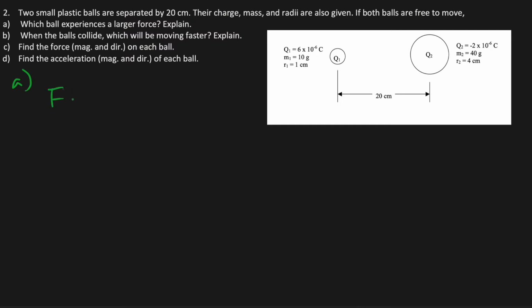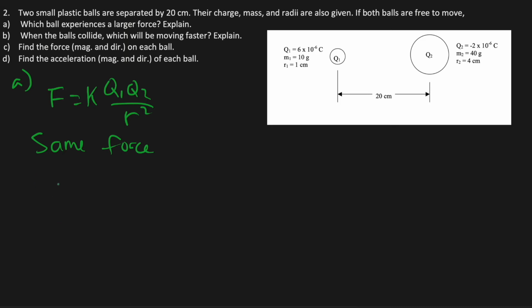Force is calculated by k Q1 Q2 over R squared, where R is the distance between the two charges, and Q1 and Q2 are the charges of object 1 and object 2. From this equation, you can see that both charges experience the same magnitude of force. So same amount of force, same force.